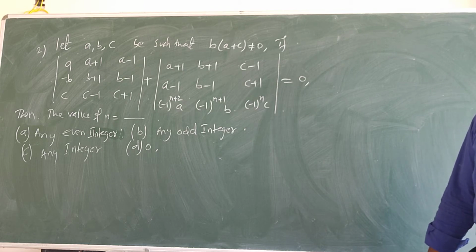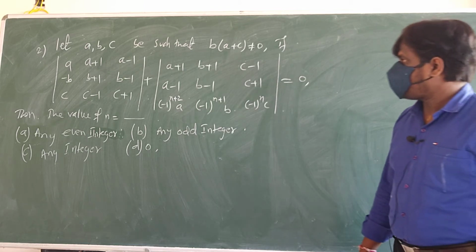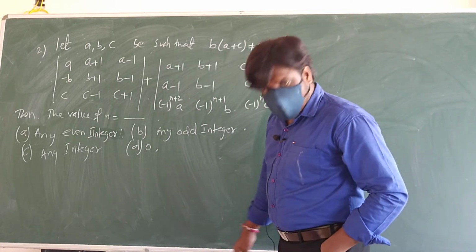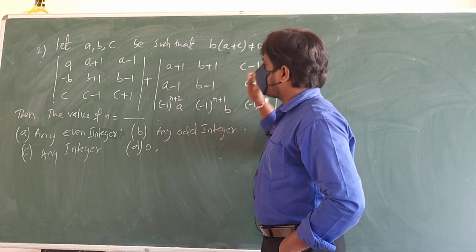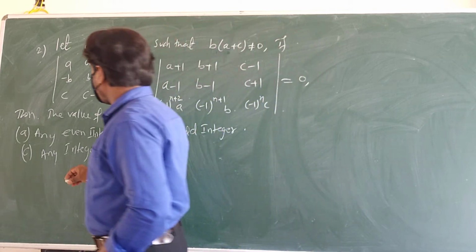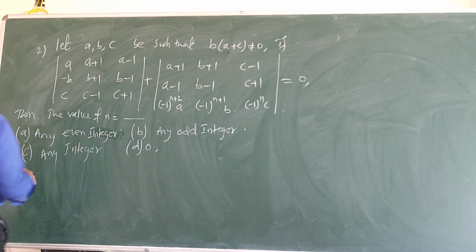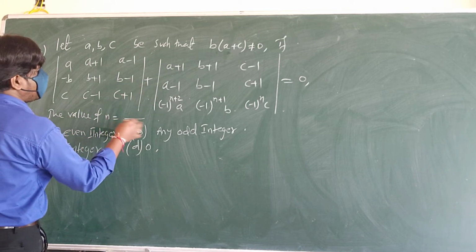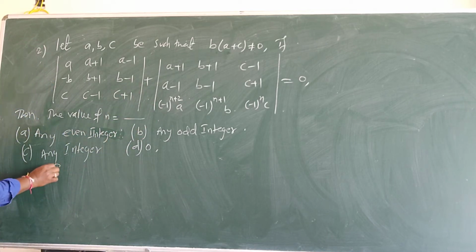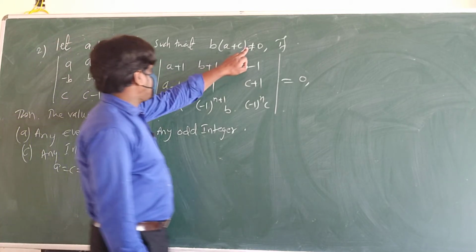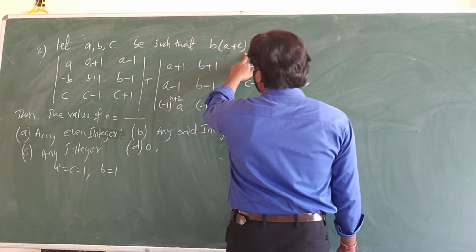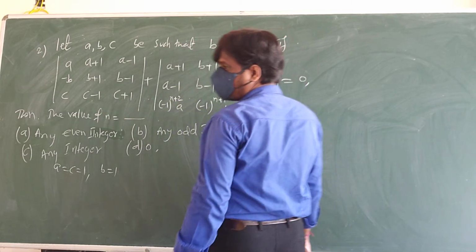Such questions, if you want to solve, you have to see this condition, that B into A plus C is not 0. So to make it easy, take A is equal to C is equal to 1 and B is equal to 1. Check whether you are getting 0 or not. If you substitute here, not getting 0, right?